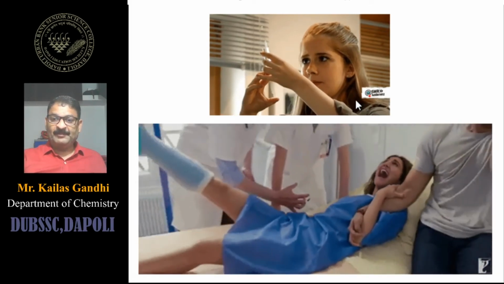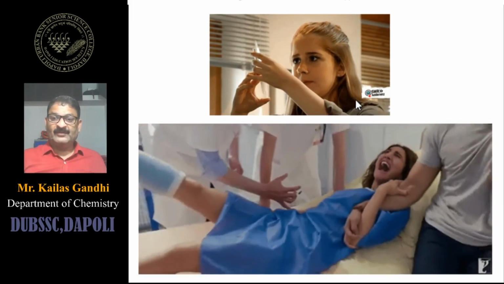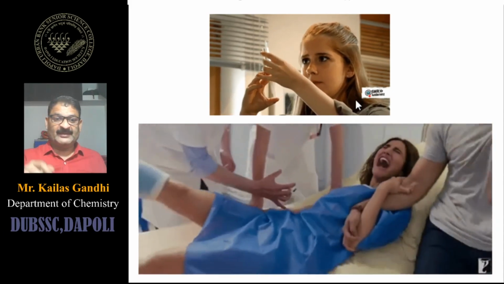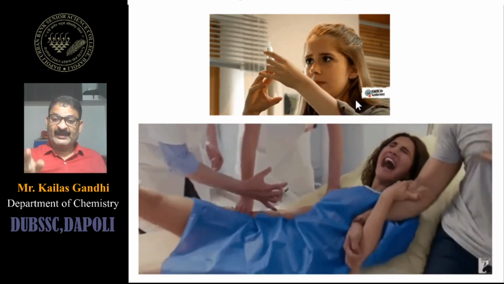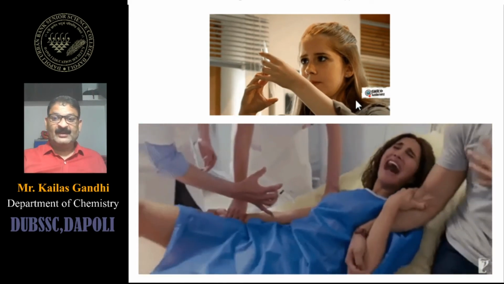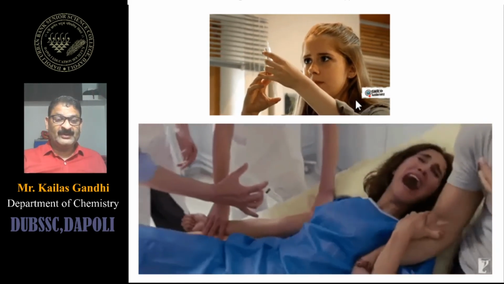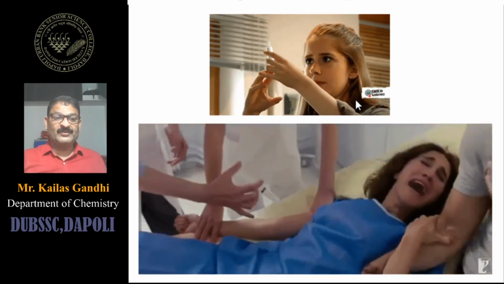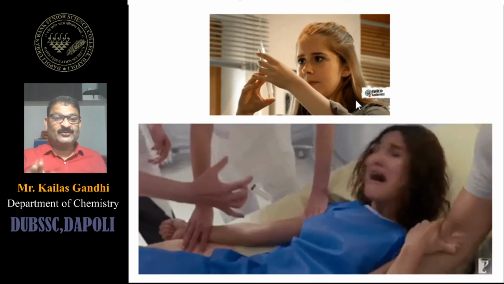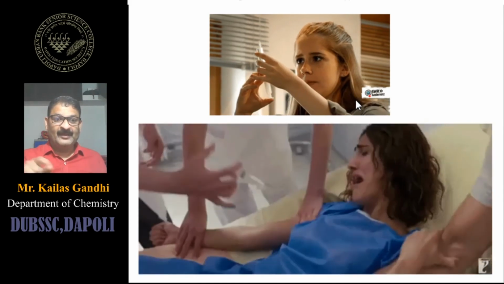So how many people are required here to give this injection? It requires the help of a variety of people. If the patient is uncooperative, then the number of people goes on increasing. So that's actually a disadvantage of the injection route.